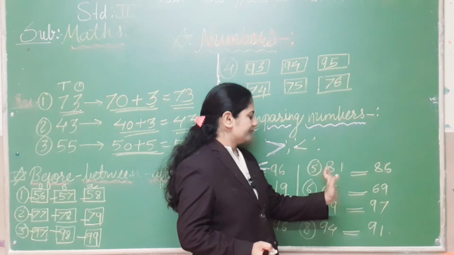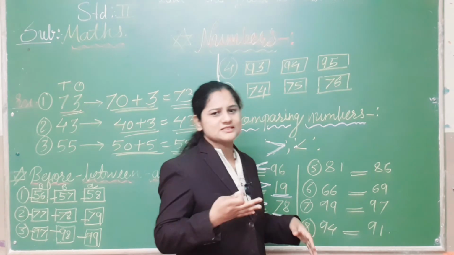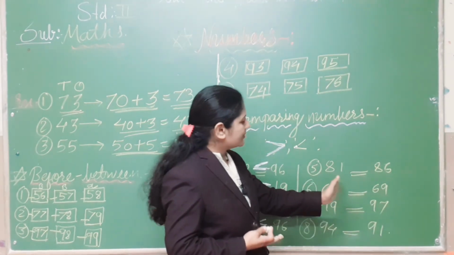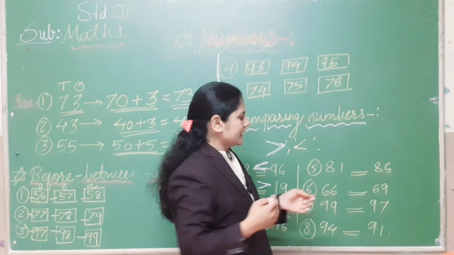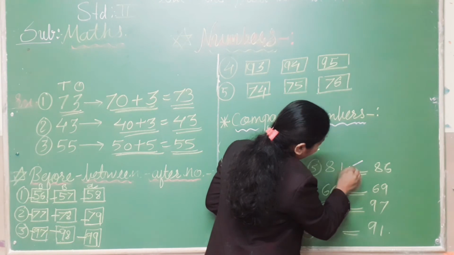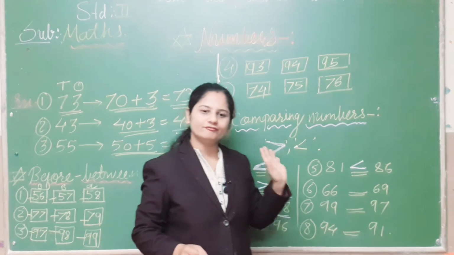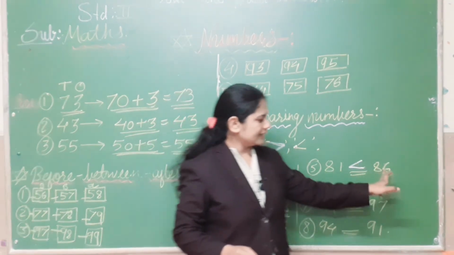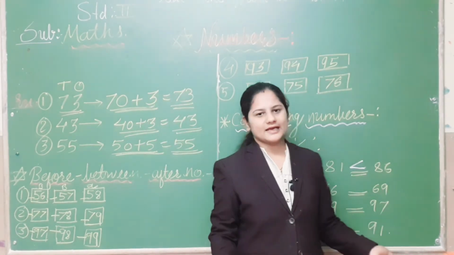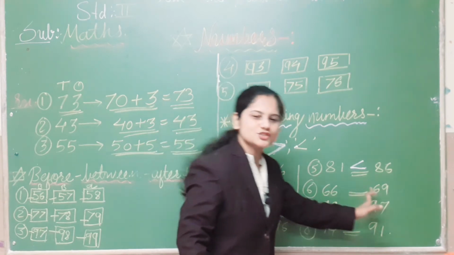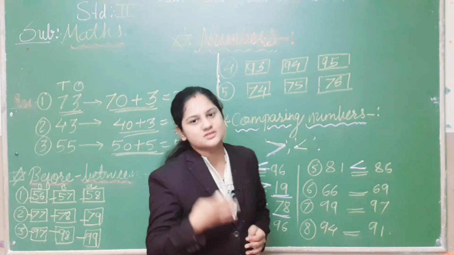Next example, 81 and 86, again a very small difference between these two numbers. Obviously 86 is the after number and 81 comes before, that's why 86 is the greater. Open arrow towards 86 and closed arrow towards 81, the smaller number. 66 and 69, again a very small difference, but 69 is the greater number, it comes after.